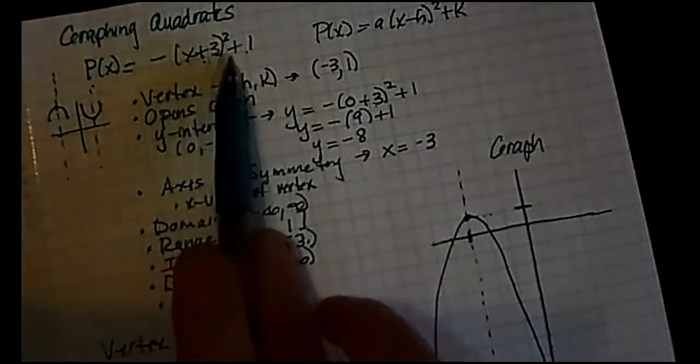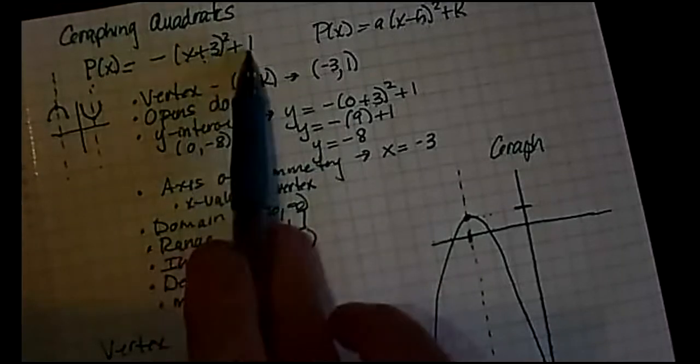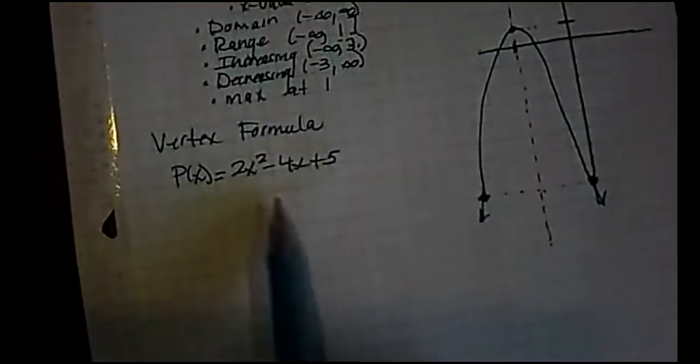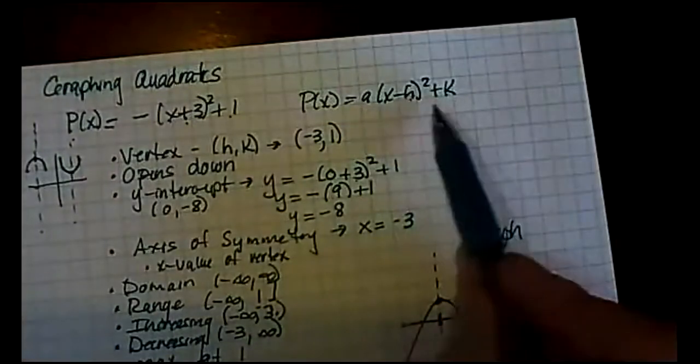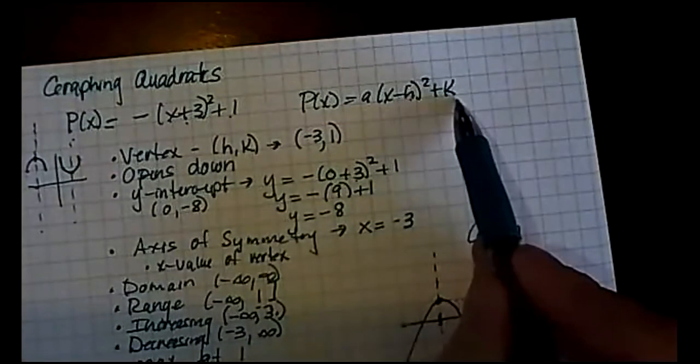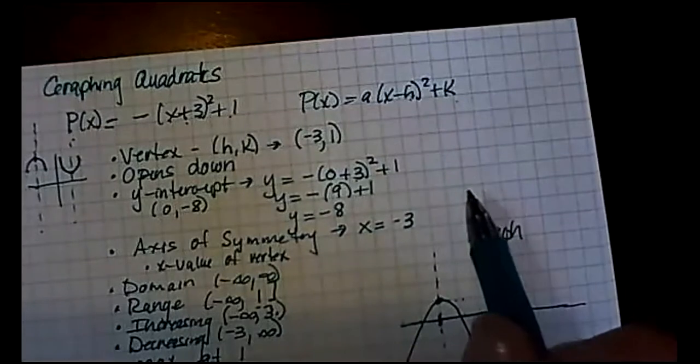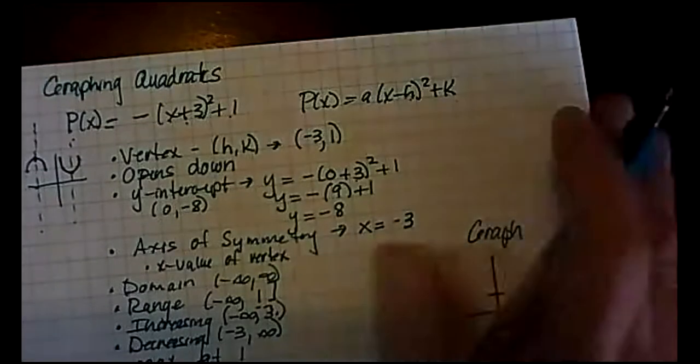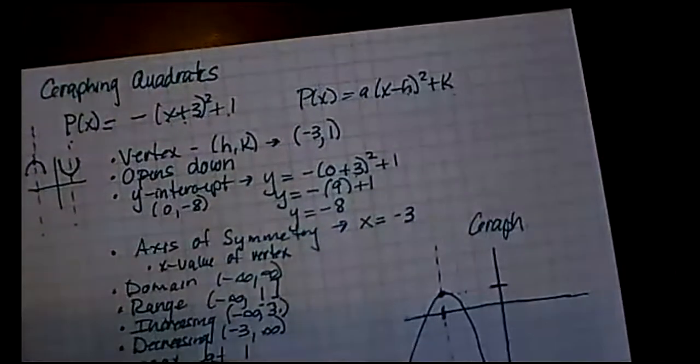When it's in standard form, it's not so easy to see where our vertex is, because this is our vertex. So what we have to do is take this standard form and convert it to this vertex form, okay? I'm going to show you how to do that, but in order to do it, you have to know the vertex. So let's find the vertex first.